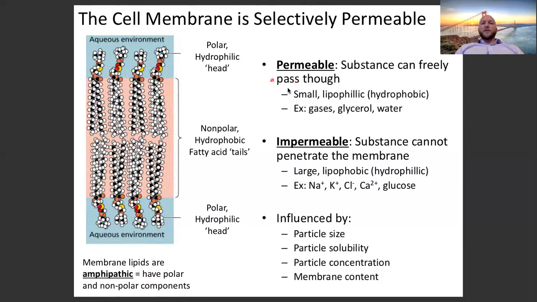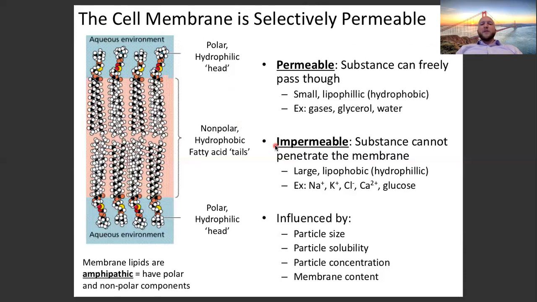So permeability. Permeable means a substance can freely move through the membrane. Impermeable means a substance cannot freely move through the membrane. This phospholipid bilayer is going to keep most things out of the cell. It's going to prevent most things from moving through this bilayer and into the cell.